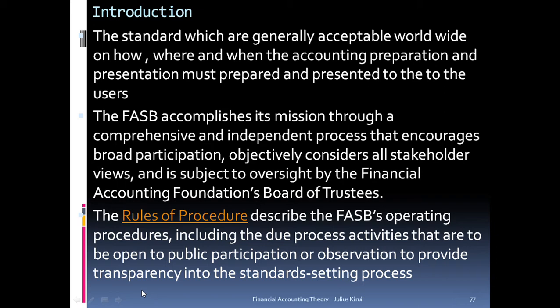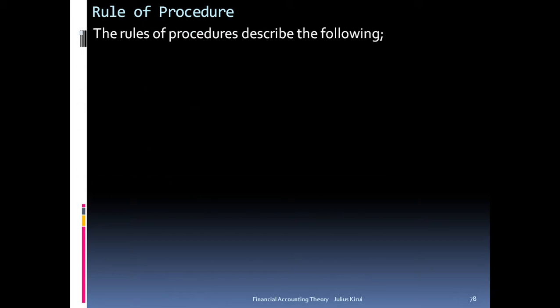So there are procedures which must be followed in coming up with a standard. Remember, a standard is just a rule or direction which must be used in guiding the preparation and presentation of accounts. So the rules of procedure describe the following.